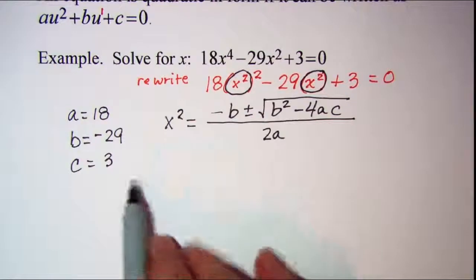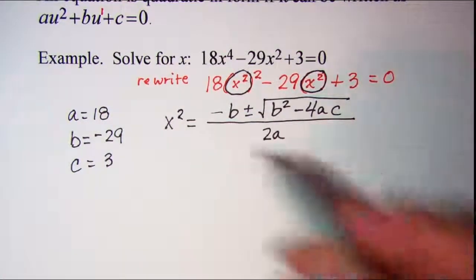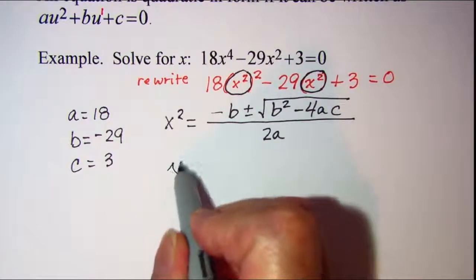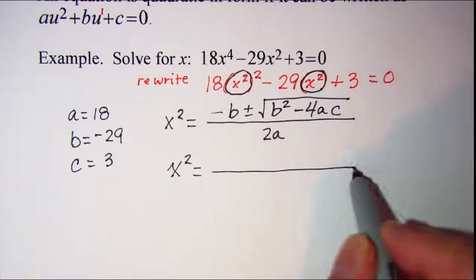So now I'll just sub in these values for a, b, and c into my formula, remembering that it's x squared equal to this.